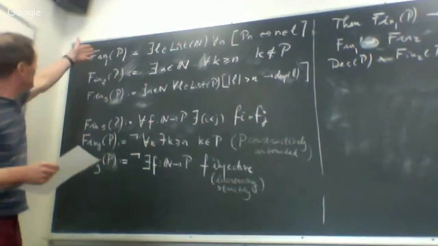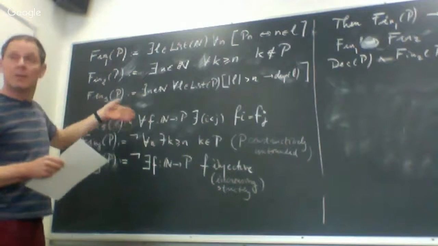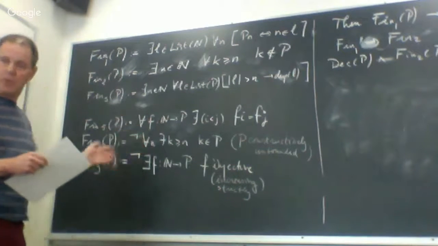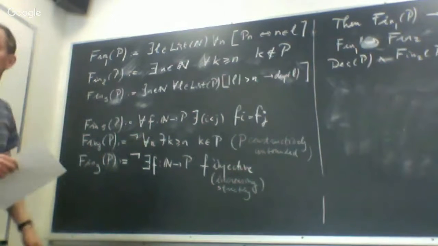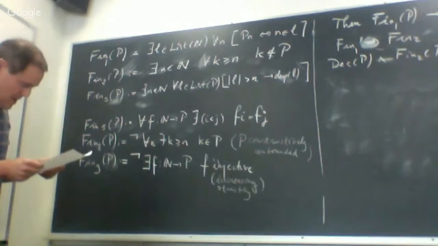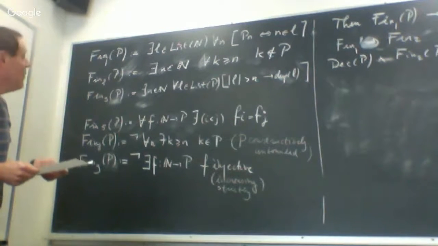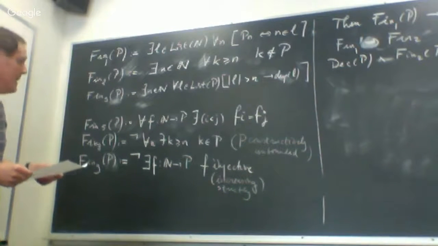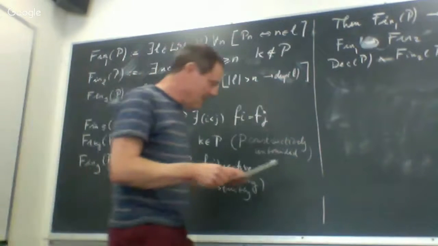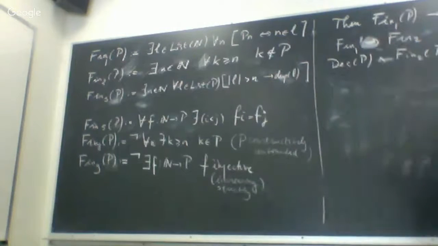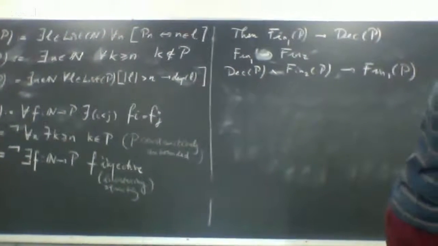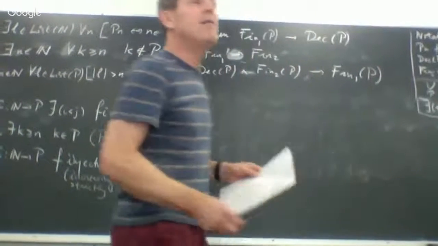It is implied by those, it implies those, so that is the ordering. But I would like to talk now about this interesting generalization which yields the infinite Ramsey theorem.